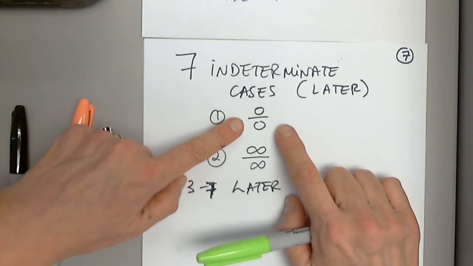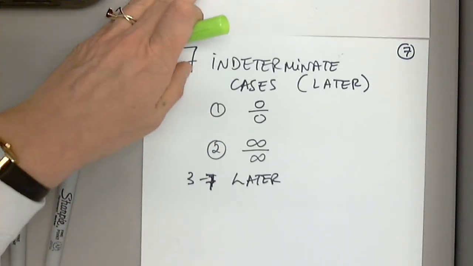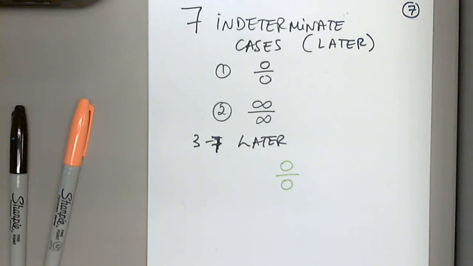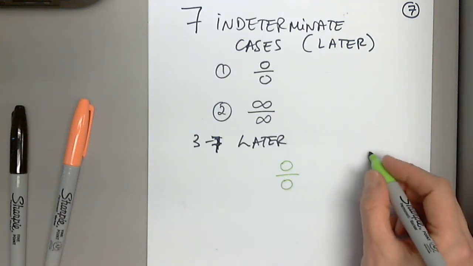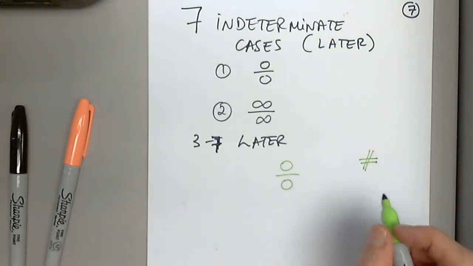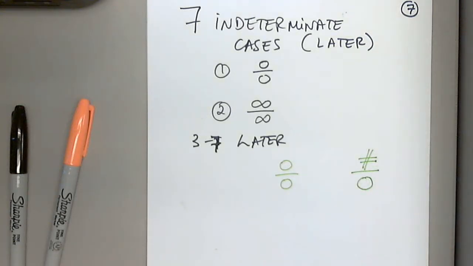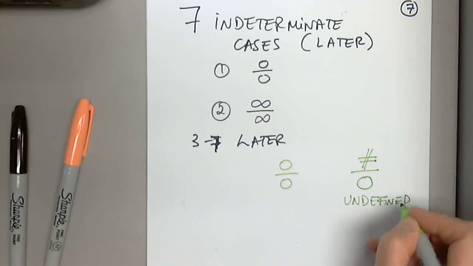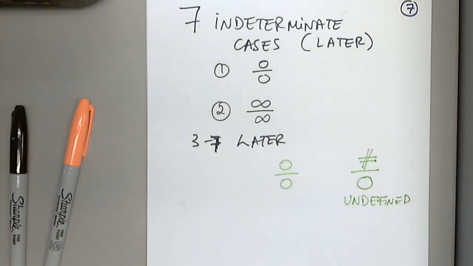Why am I discussing this? Well, 0 divided by 0 is an indeterminate case. Any number not 0 divided by 0 is an undefined situation. Now, from these two, when I calculate a limit, this one may exist.